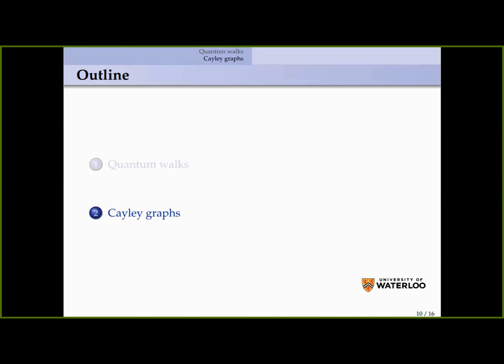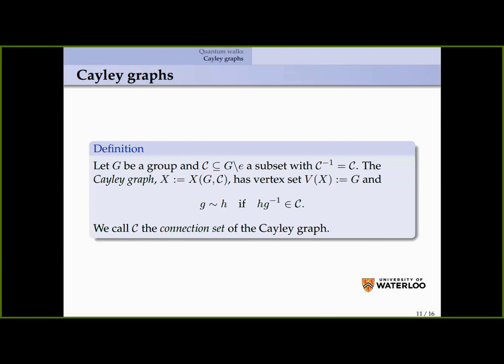Okay, so now we're going to put this aside for a little bit, and we're going to talk about Cayley graphs. Cayley graphs bring in a really nice connection between group theory and graph theory. We take a group G and take some subset C of this group, and for the purpose of this talk, we're going to assume that the subset is inverse closed and that it does not contain the identity.